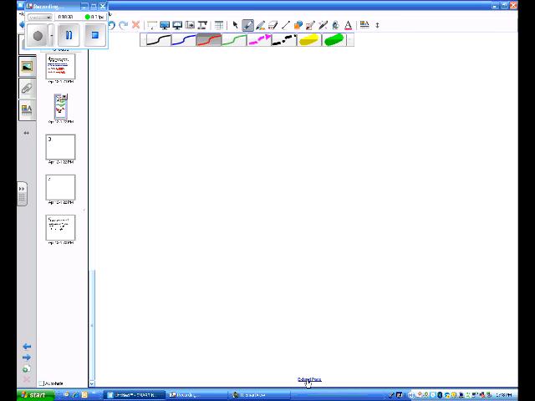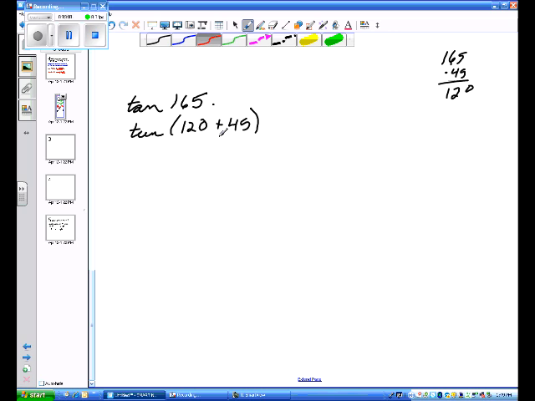Let's take a tangent. Let's say we want the tangent of 165 degrees. Now we need to figure out what two angles to use. So 165 minus 45 would be 120. So this is the same as the tangent of 120 plus 45.